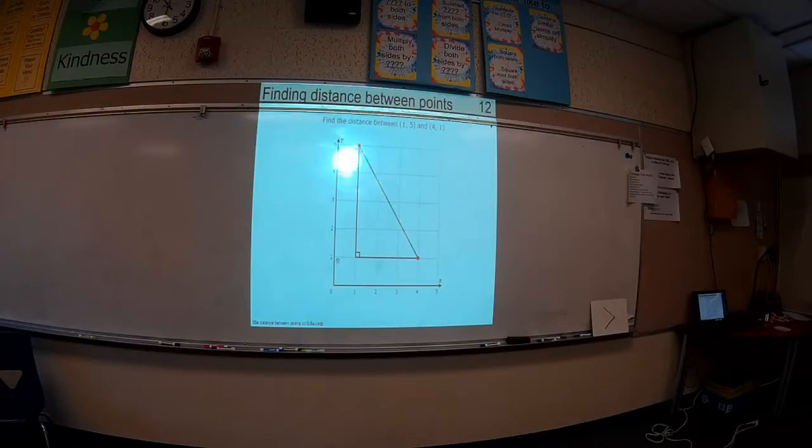Now use the Pythagorean theorem to find the distance between those 2 points. So what do you figure?